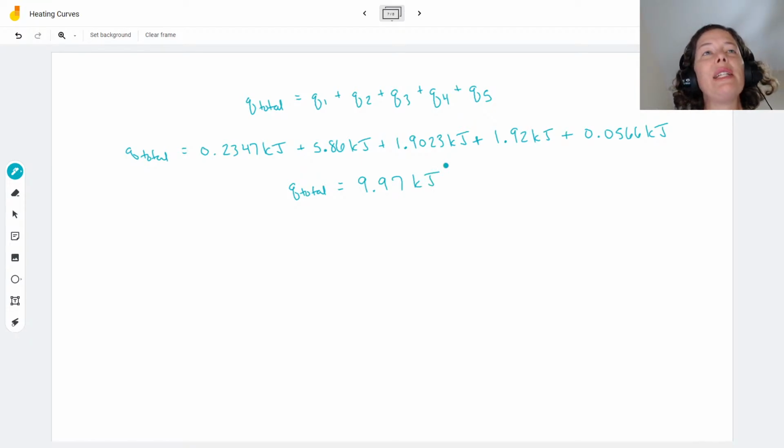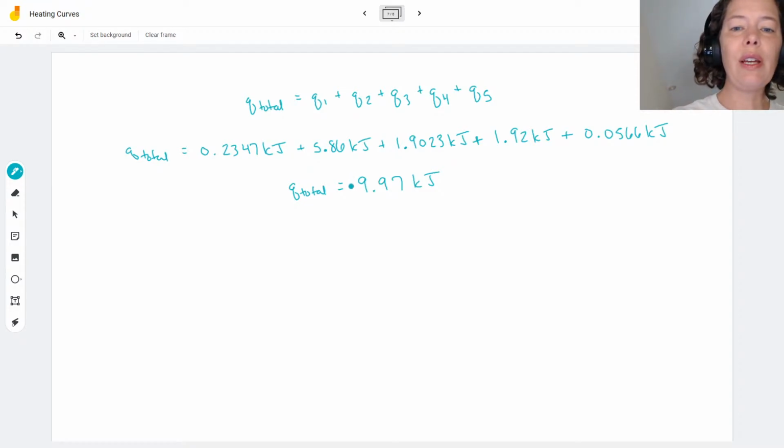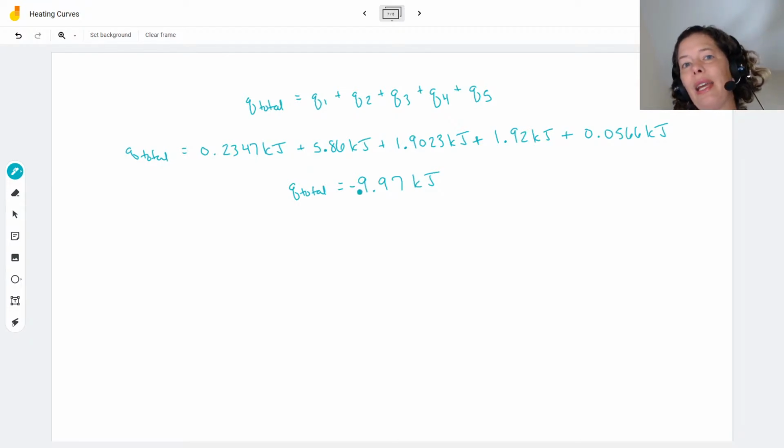Now, depending on the problem, because this is heat removed, it's very often shown with a negative sign. However, I've seen it a couple of different ways. It really depends on what the problem asks and also what your teacher or your professor wants.